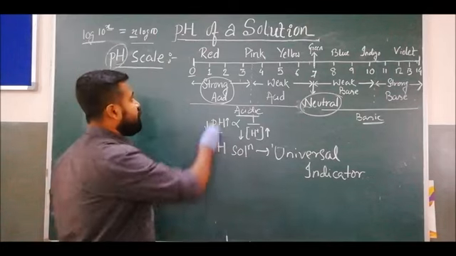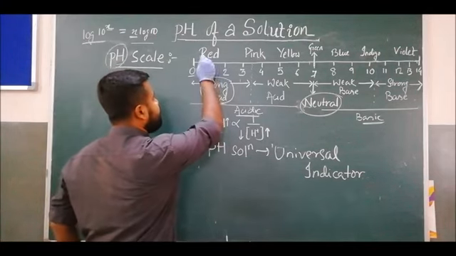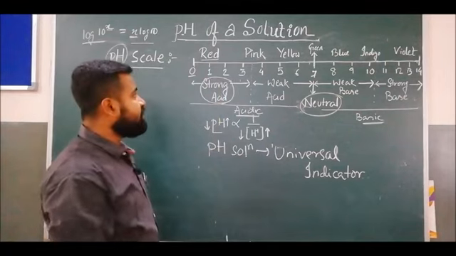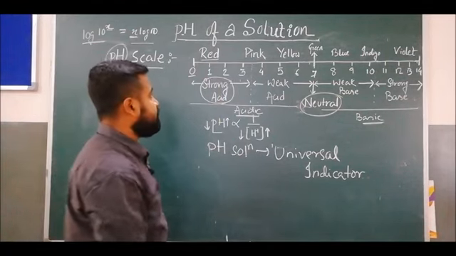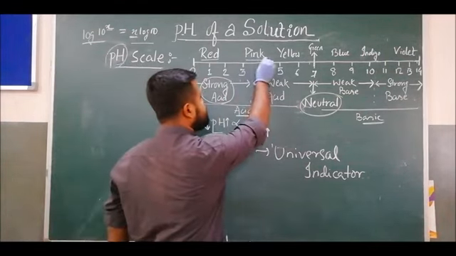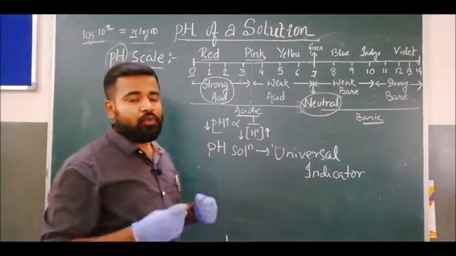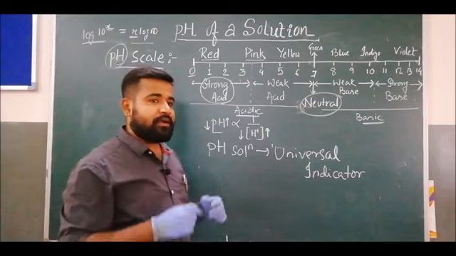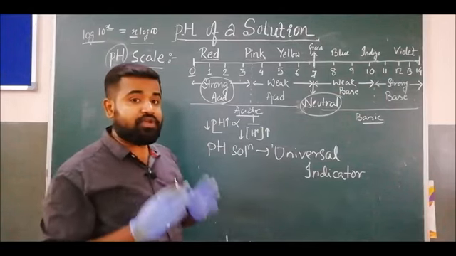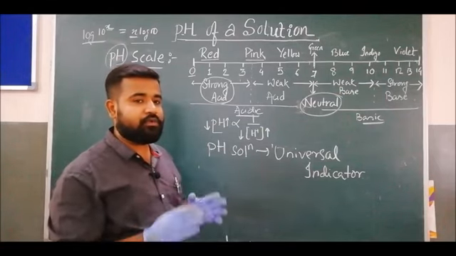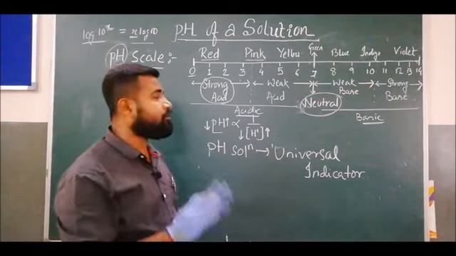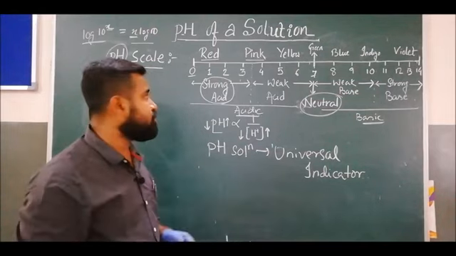So remember, when 0 to 2, it gives red color. Then 2 to 4 gives pink color. By observing the color, we can approximately determine the pH of the solution.